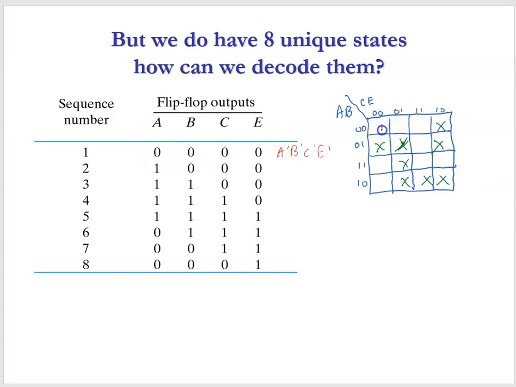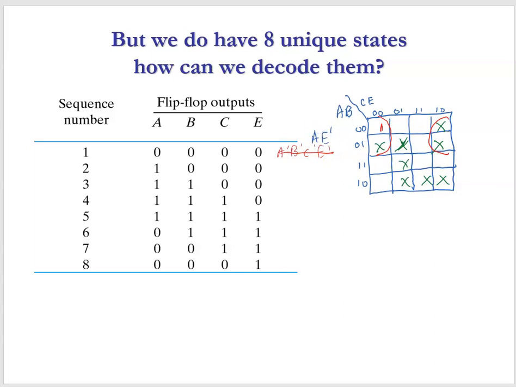That 1 goes here. Well, if we use those unused states, now we just end up with our A-E prime, right? So instead of A prime, B prime, C prime, E prime, we can just use A-E prime.